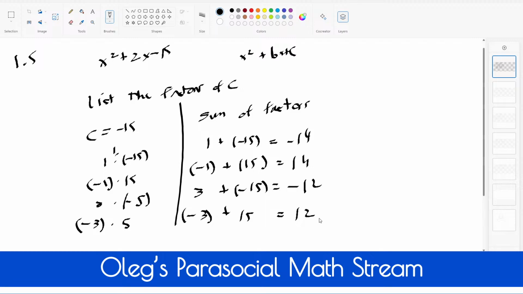So what we have here is our list of the additions and multiplications.